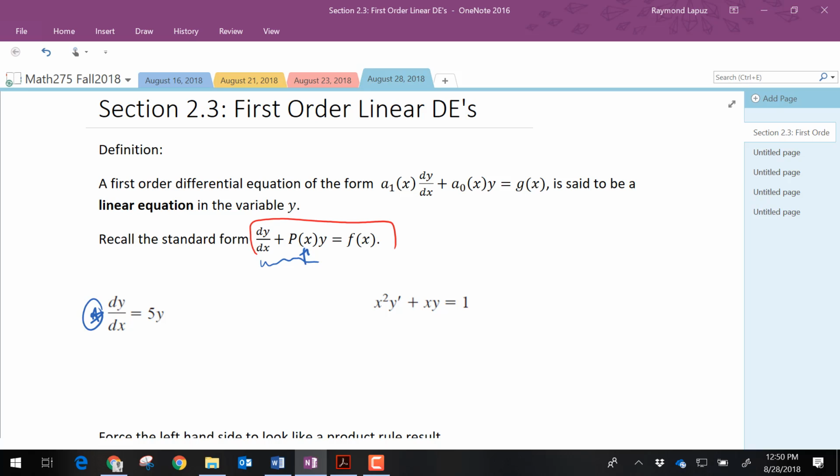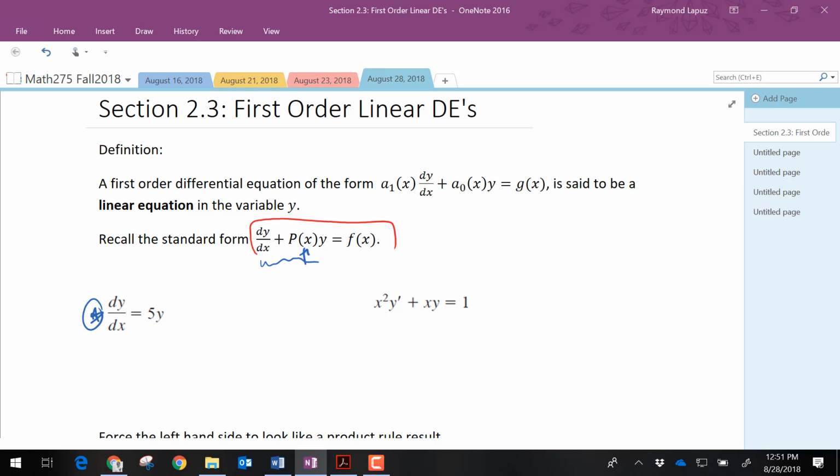Close. Oh, yeah, that's right, 5x. So that's our solution for this, right? We did that last time, separable. It is a separable differential equation, but we can approach this integrating factor technique to solve for it as well.